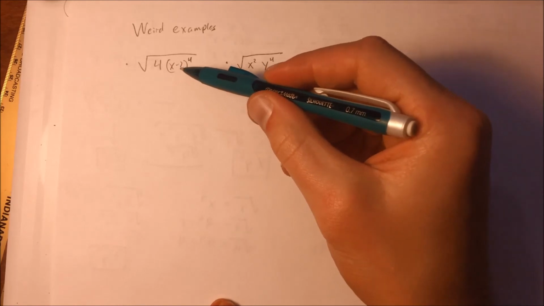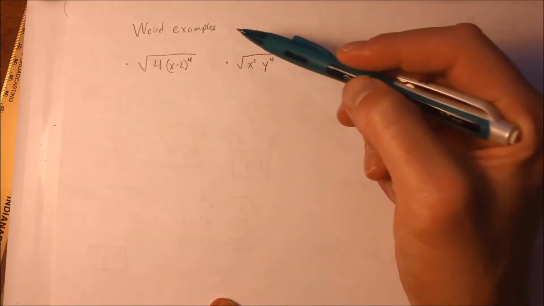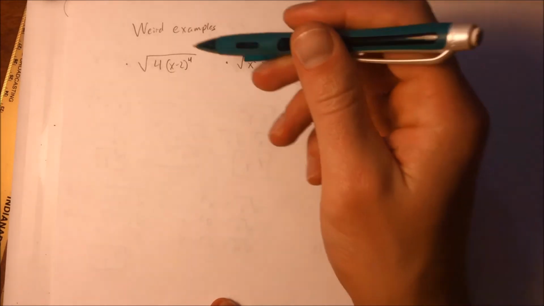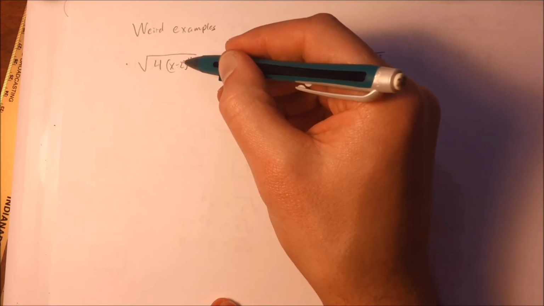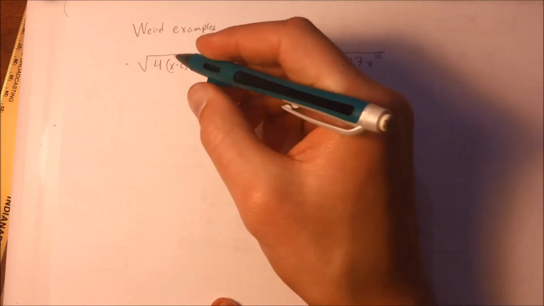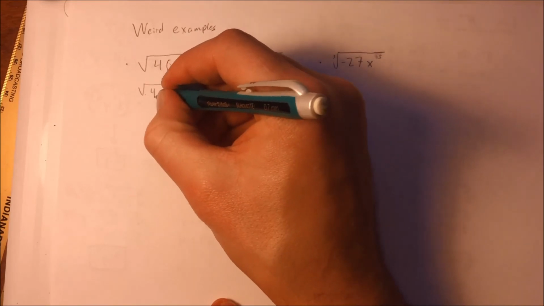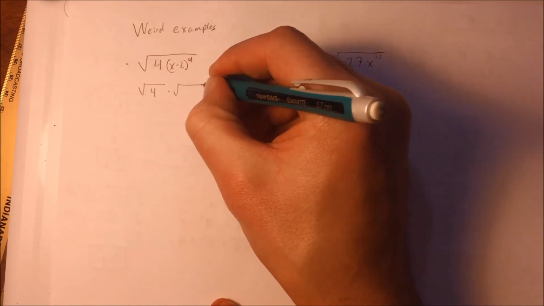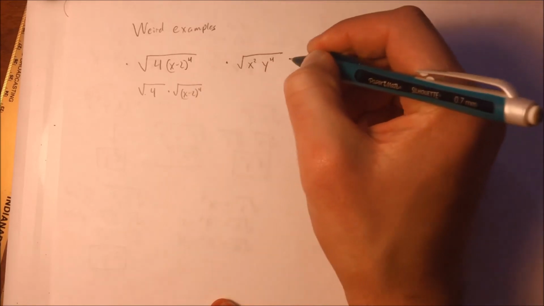It is possible to have a binomial inside of a square root. That's okay. Don't think I have to take this to the fourth and this to the fourth, because we know we can only do that if it's multiplied in between. So I'm going to break this up into the square root of 4 times the square root of x minus 2 to the fourth.